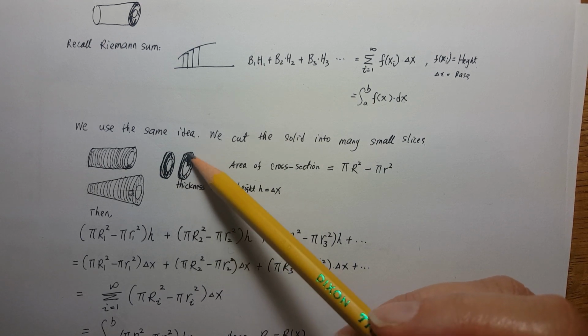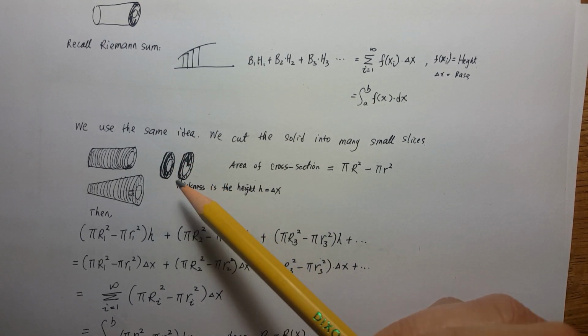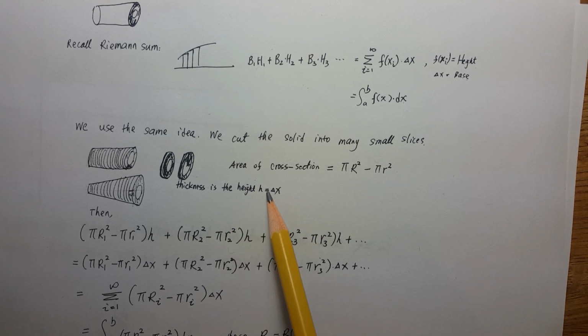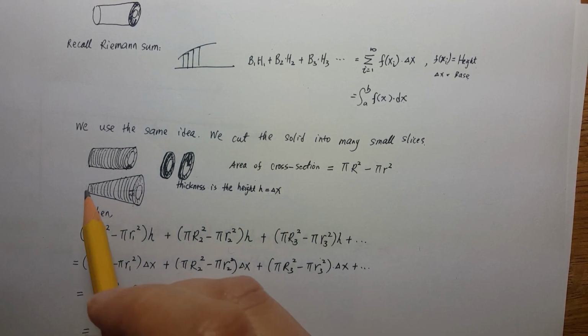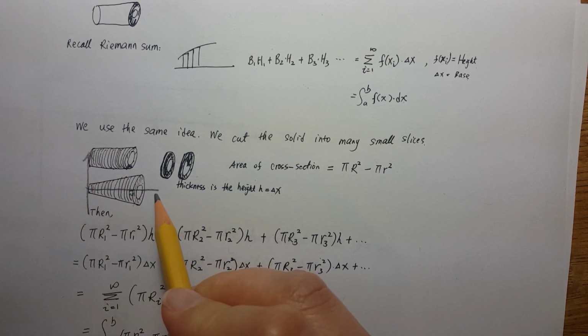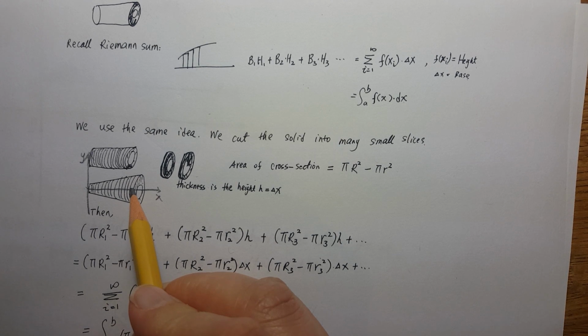You have a big circle and a small circle, and then a very thin, neat little piece. So the thickness is going to be delta x. The reason is because you have x and y, and each thickness is delta x, the difference between consecutive x values.